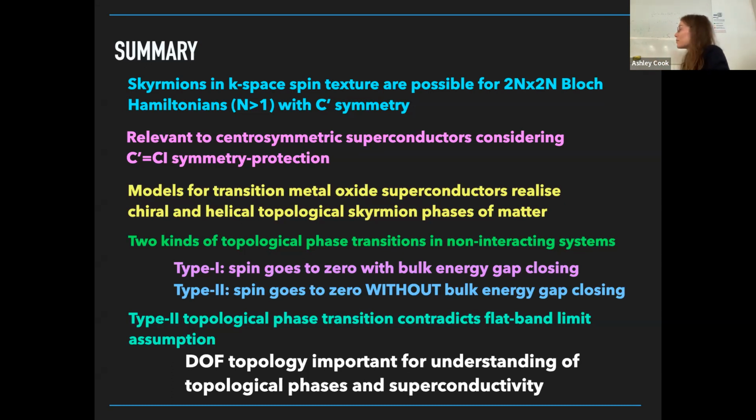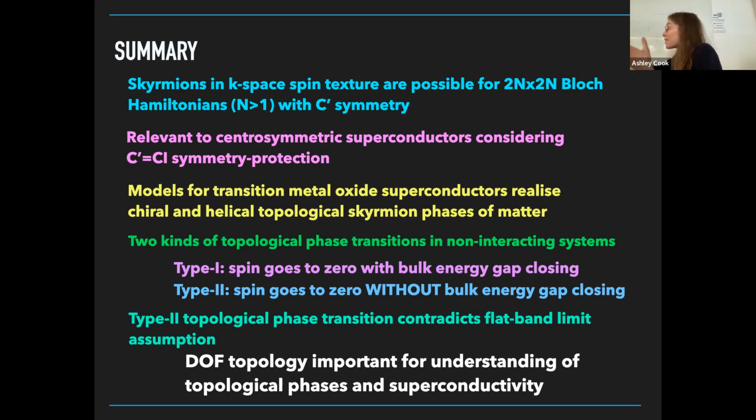In principle, I was talking about spin, but you basically have to check each of your degrees of freedom, and perhaps combinations of them, for whether you have a non-trivial homotopy group. You can definitely take it in that direction.